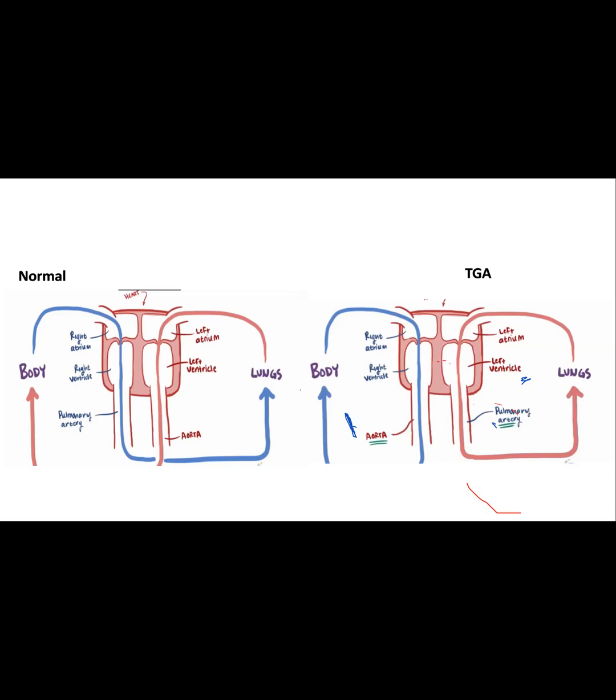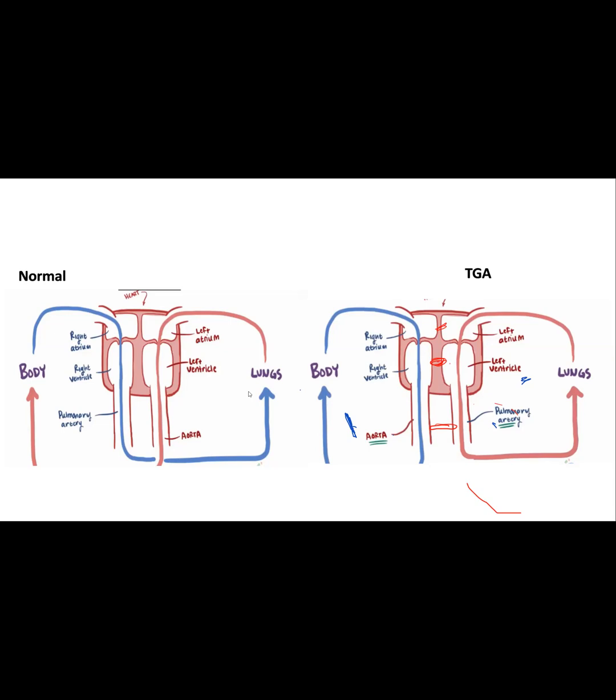And as we also mentioned, a baby can be compatible with life if they have a ventricular septal defect, an atrial septal defect, or a PDA, because these allow blood to mix between both sides.